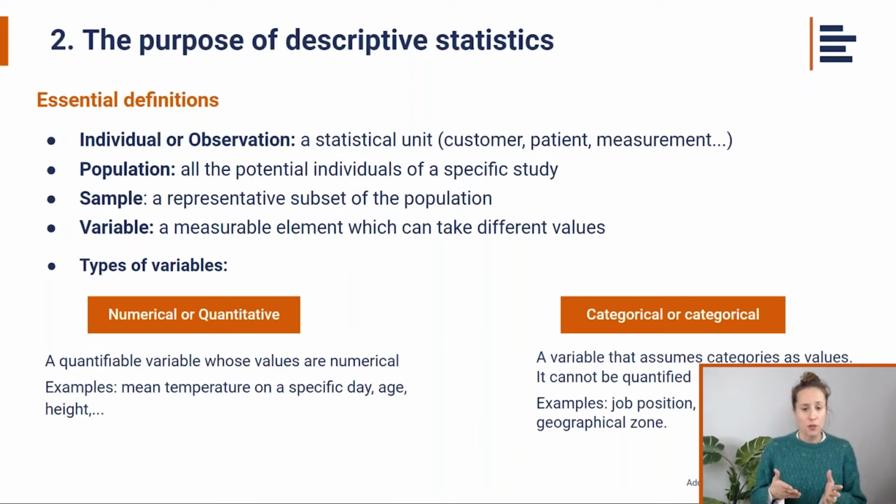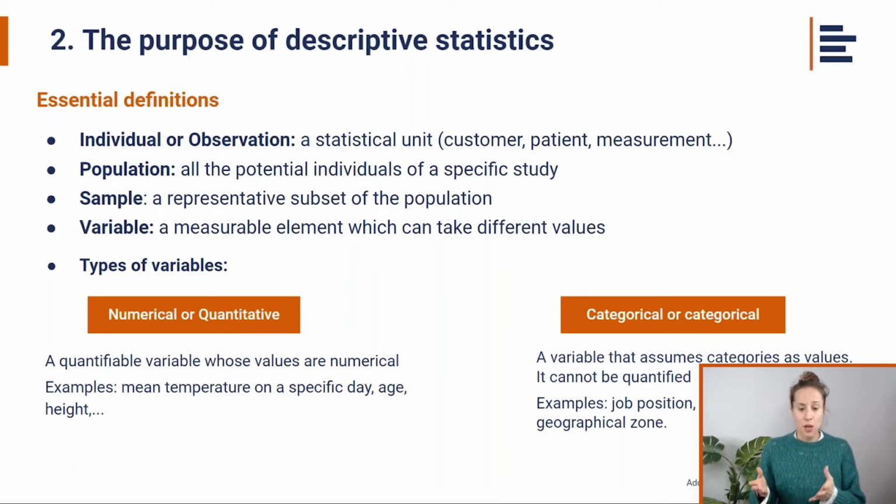An individual or observation is a statistical unit, like a customer, a patient, or a measurement from an experiment. A population is all the potential individuals of a specific study, while a sample is a representative subset of a population. And finally, a variable is a measurable element which can take different values.